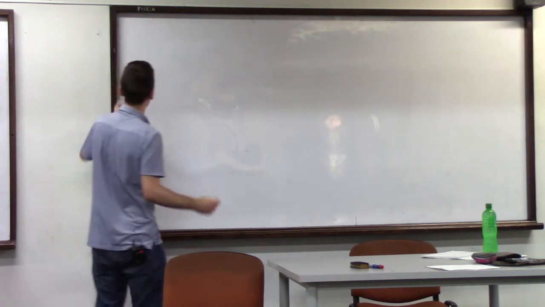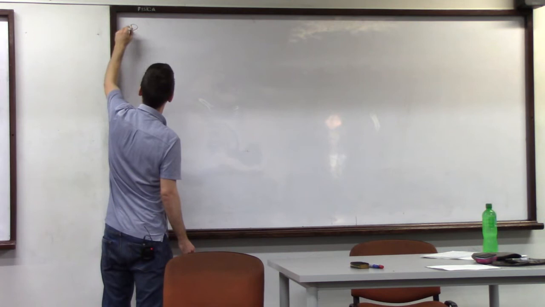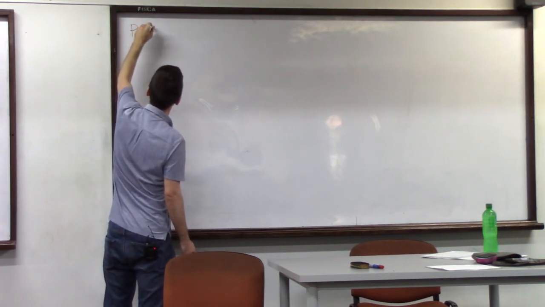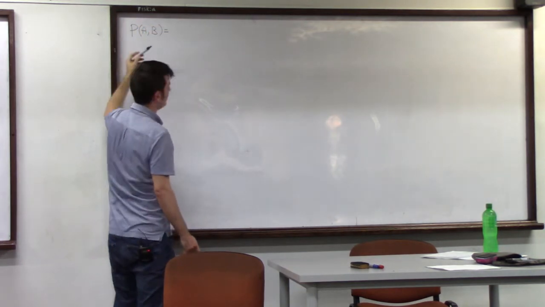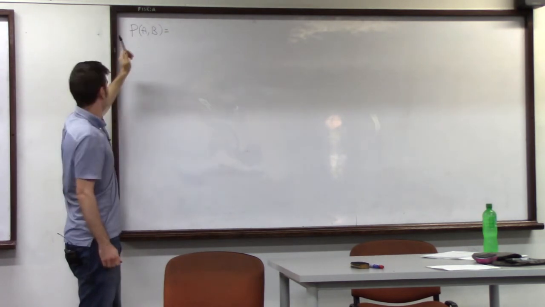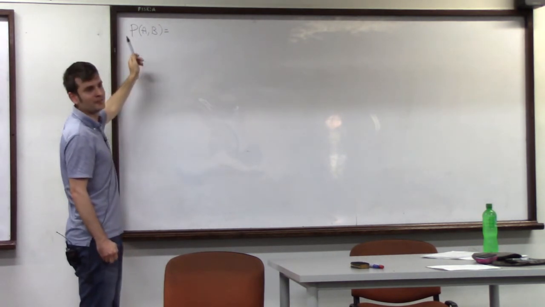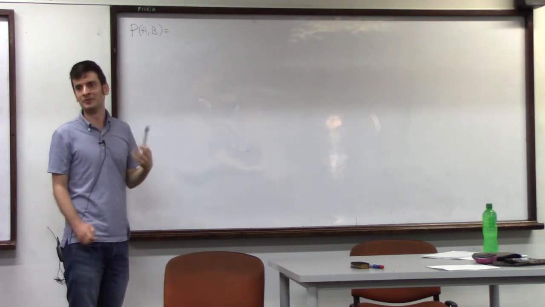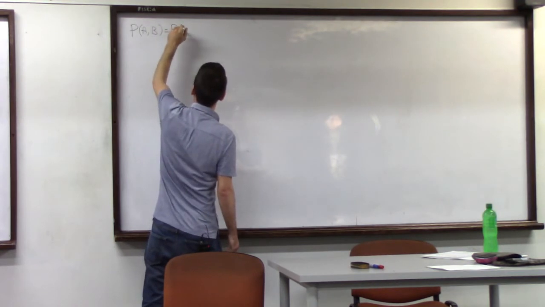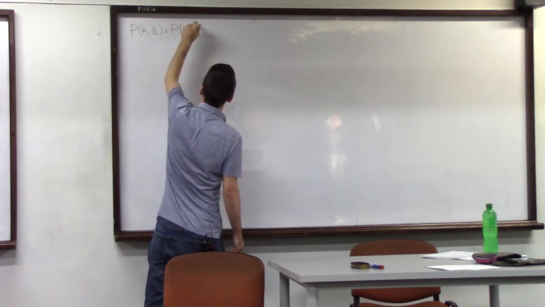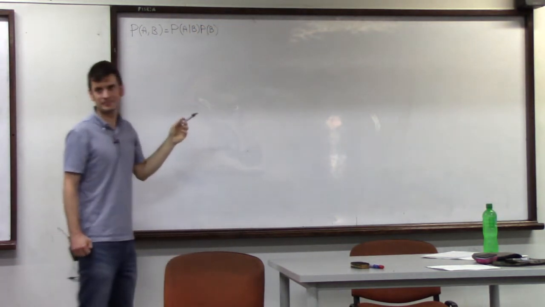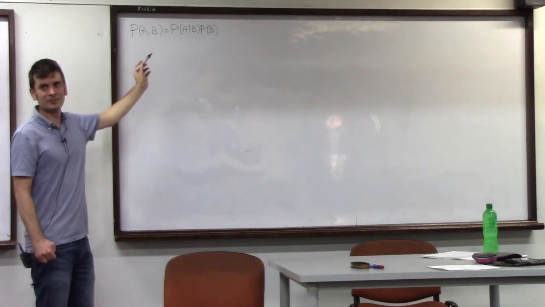So the main concept over which all this is based is this rule of conditional probability. P always indicates probability. Here I'm writing the probability of A and B, where A and B might be two events, is the probability of A given B times the probability of B. Does this make sense?